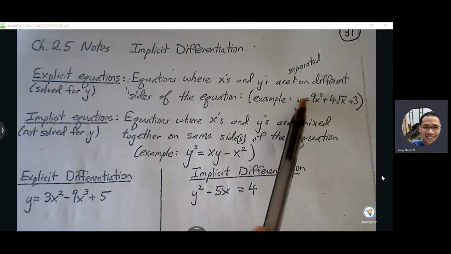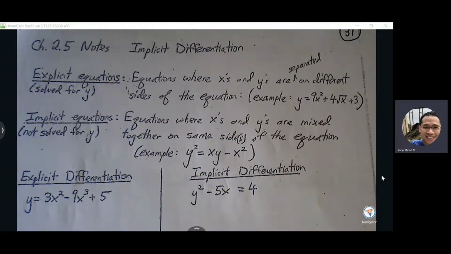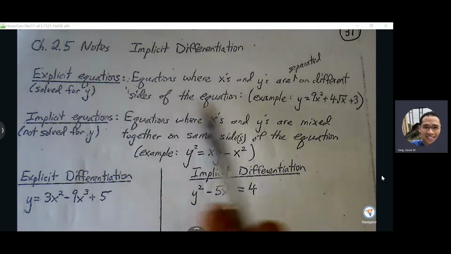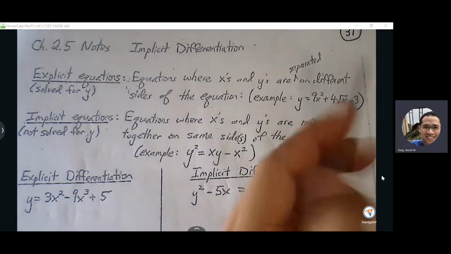There's no square root of y or y squared or multiple y terms. It's always just y equals, and x's are separated, and the left side is nice and clean. So these are equations where x and y are separated on different sides of the equation, and the y is cleanly by itself. And these are going to be functions because they are always going to pass a vertical line test. We never are going to have these graphs that overlap each other.